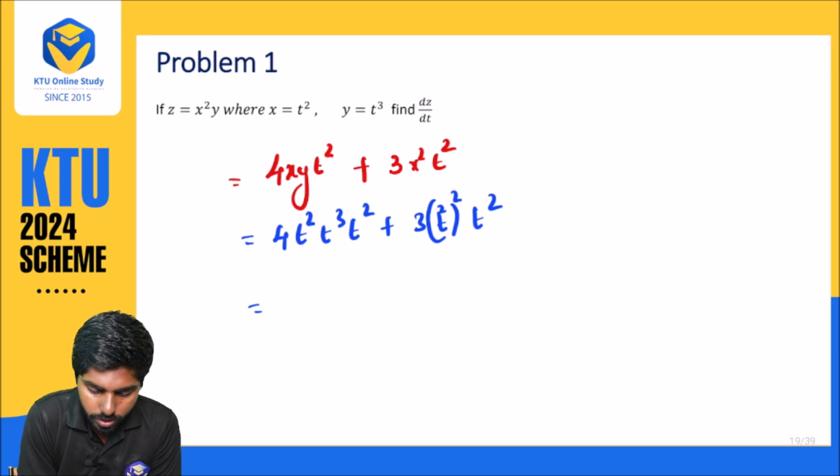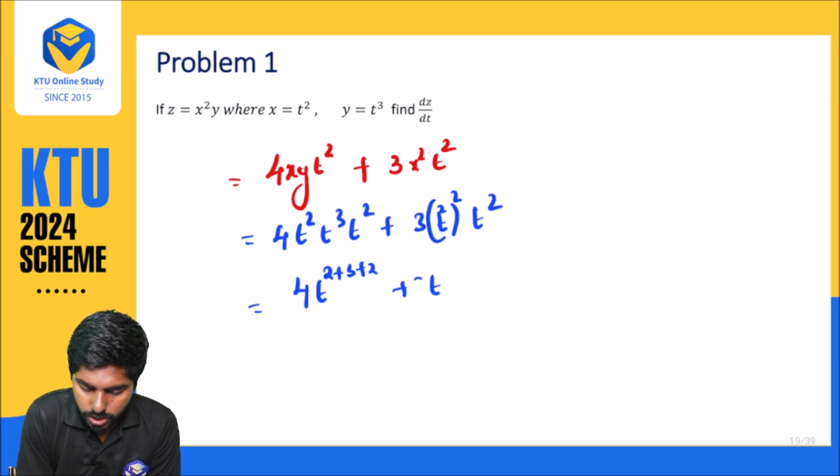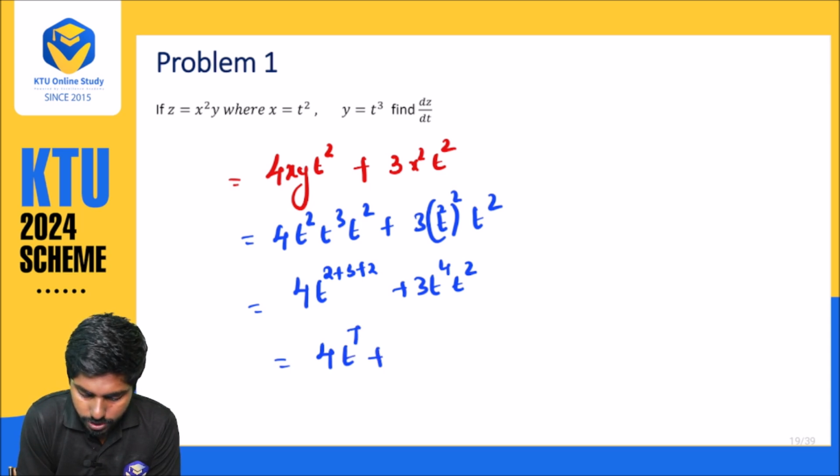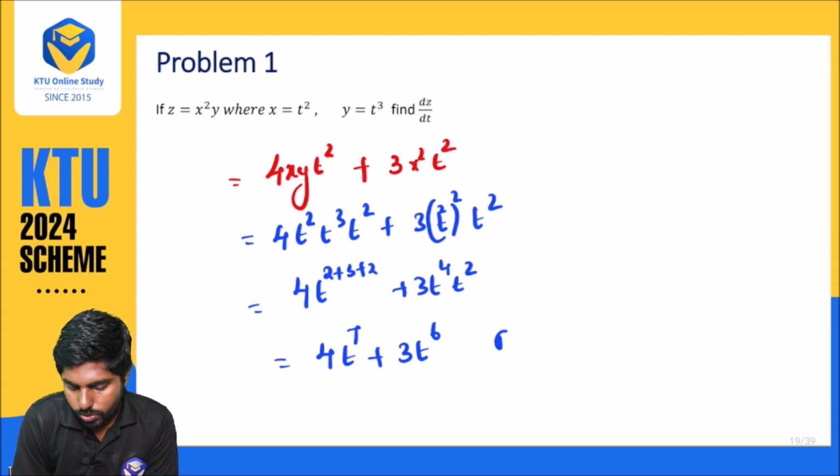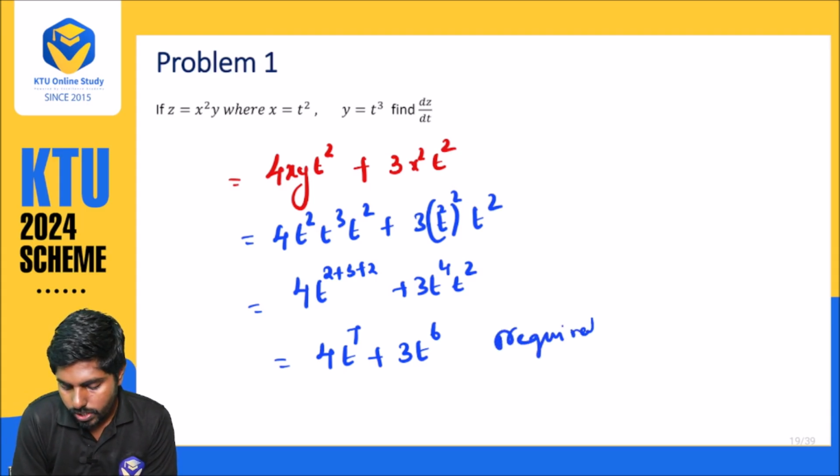So what will we be getting? Adding the powers, we will be getting 4 t power 7 plus 3 t power 6. So this is our required answer.